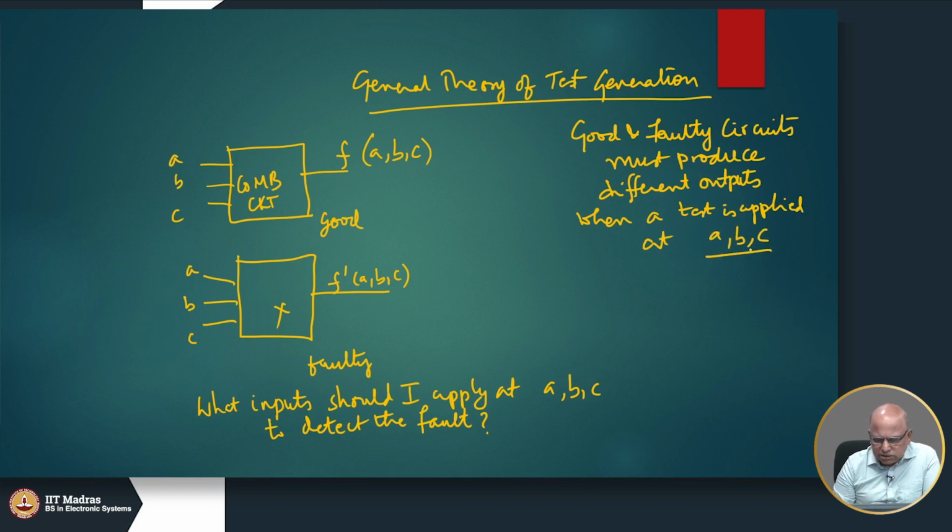So, that is a basic idea. Okay. We say that a test vector detects a particular fault in the circuit if the good circuit and the faulty circuit, they produce different values. So, if this is producing a 1, this will produce a 0. If this is producing a 0, this will produce a 1, right.